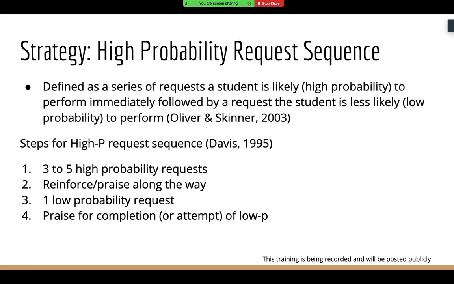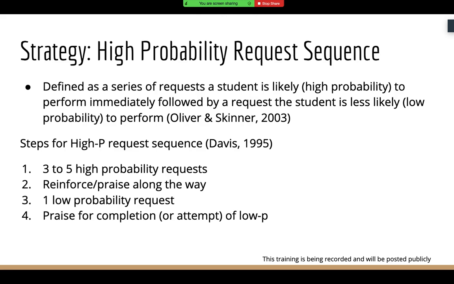And then a very specific strategy that is very well supported in the behavior analytic literature and works well for young kids, works well for people with disabilities, works for adults, really works across the board, is using something called a high probability request sequence.